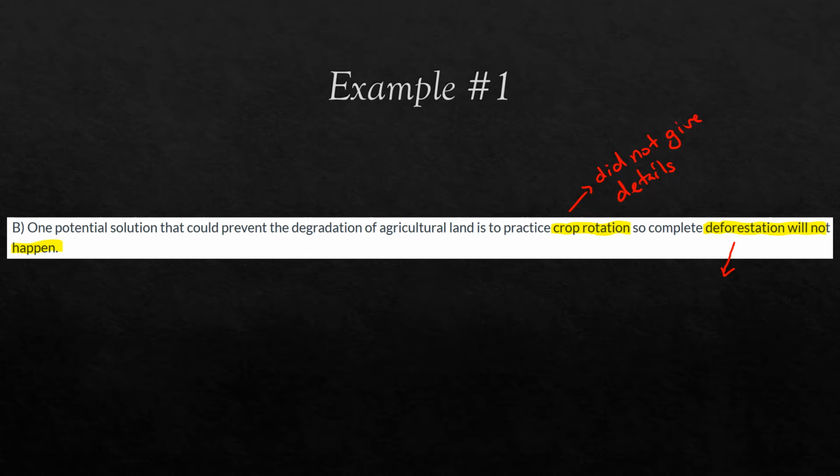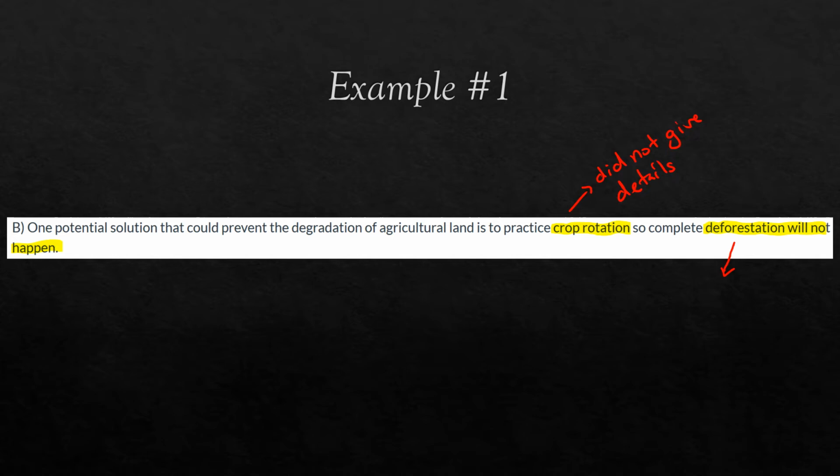The student was trying to communicate that with crop rotation, the soil retains its nutrients and therefore no more land is required, so there is no need to cut down more trees to produce or use more farmland. But notice the details that I gave there.